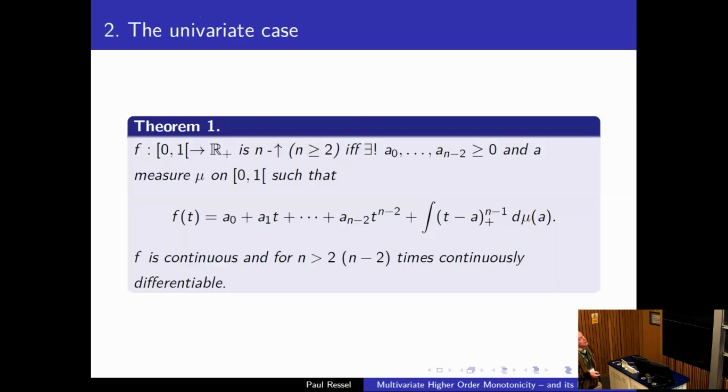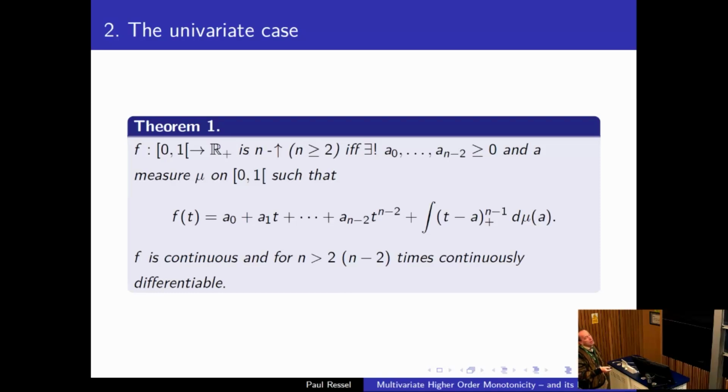Okay, my first theorem here: a function on the half-open interval, non-negative, is n-increasing, n at least 2, if and only if there exist uniquely determined coefficients, and a measure on the half-open interval, another measure of course, such that f has this representation.